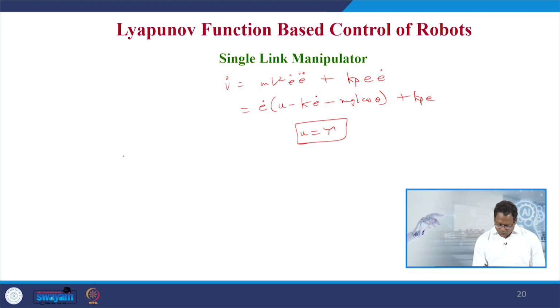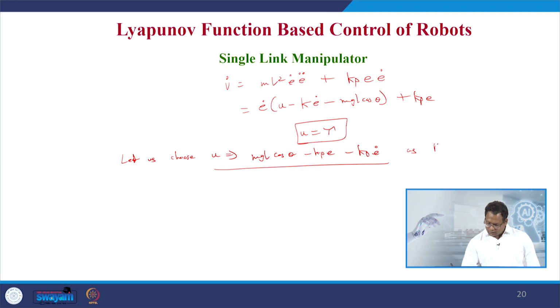So, let us choose u as m g L cos theta minus k p E minus k d E dot as the control law.